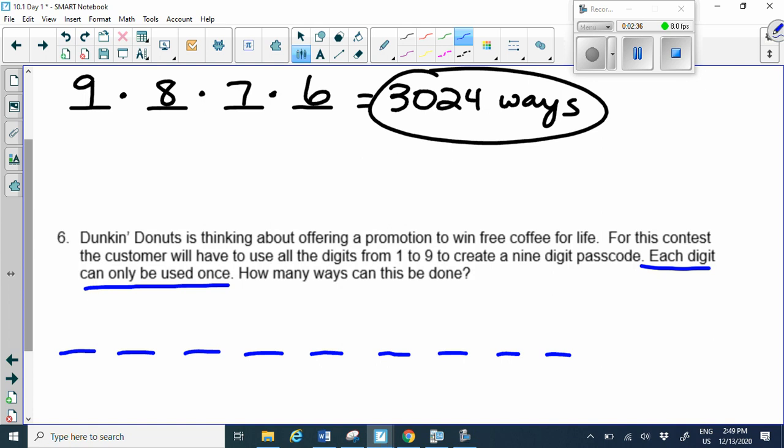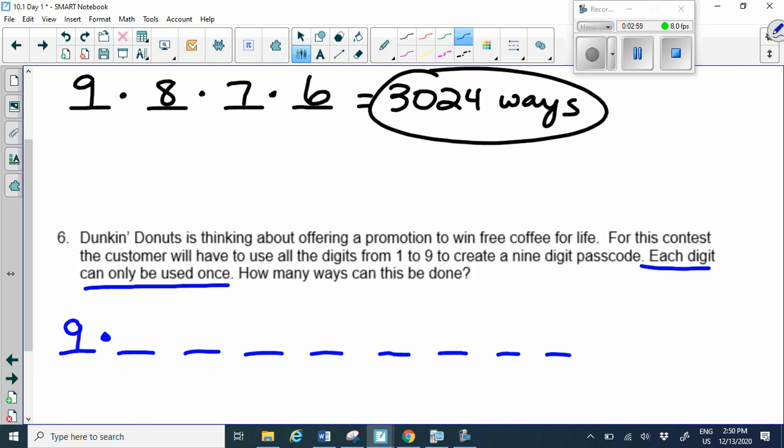So if I have my first digit and I pick 2 as the number, then I can't use 2 anymore throughout my 9-digit code, okay? So let's think about options. We know if we go from 1 to 9, we have 9 total options. My first one, I have 9 options to choose from, okay?